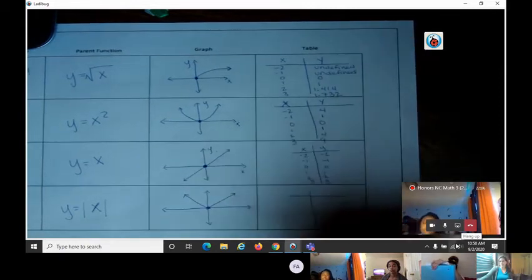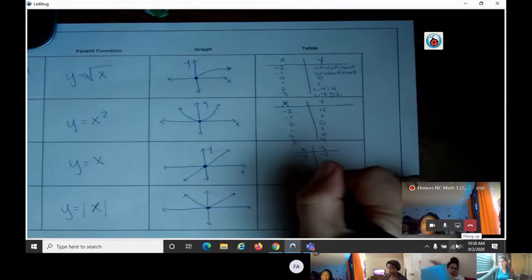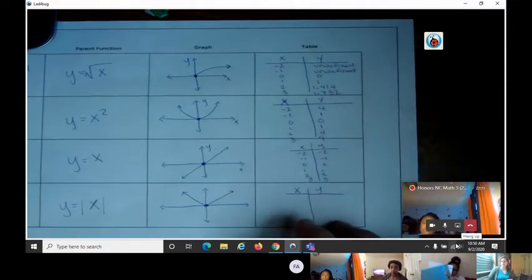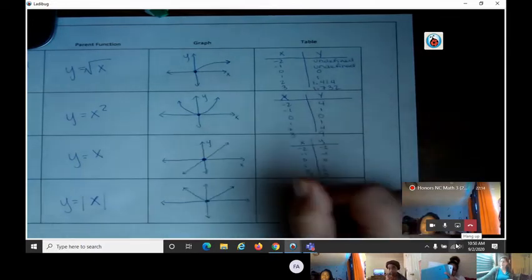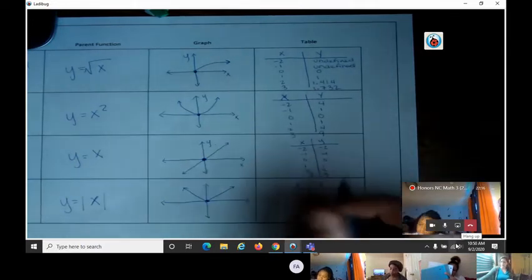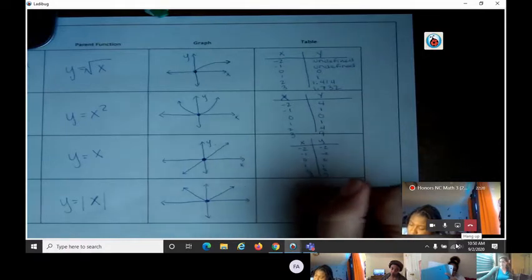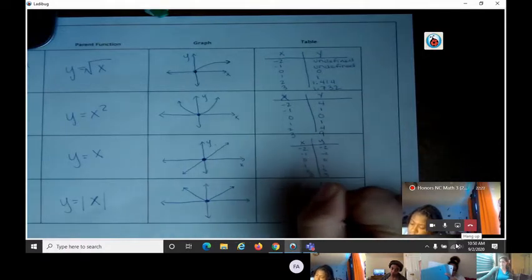An absolute value takes everything negative and turns it into a positive, but keeps the same quantitative value. So we have -1 and +1, 0, 0, 1, 1, 2, 2, 3, 3.